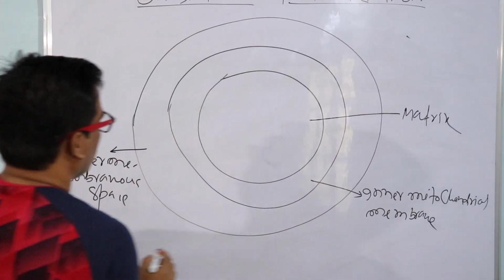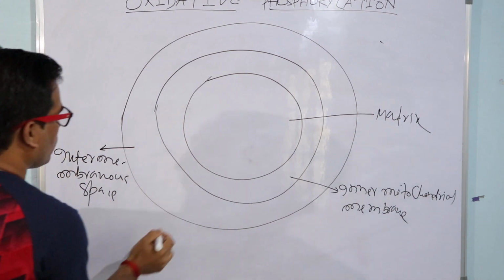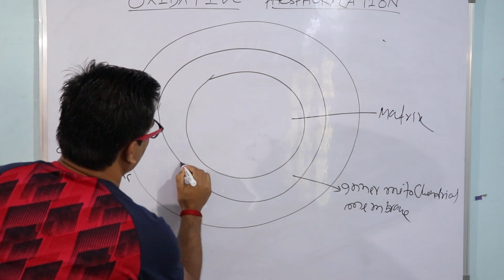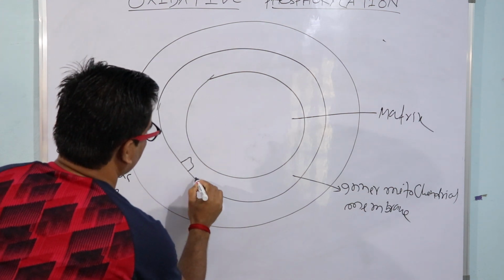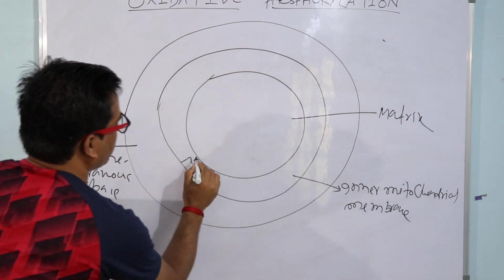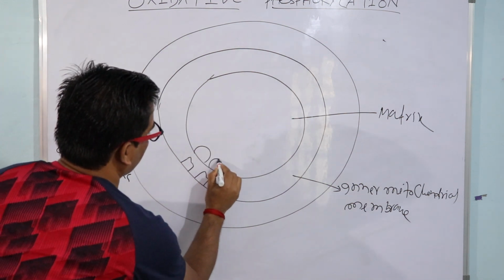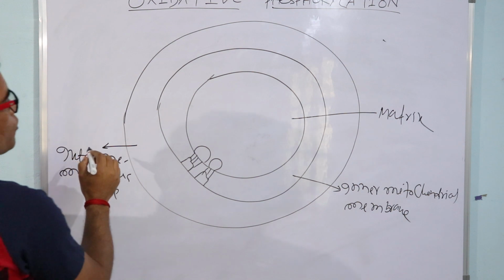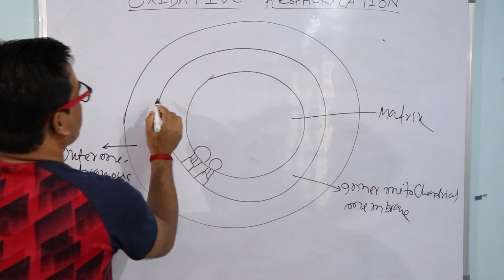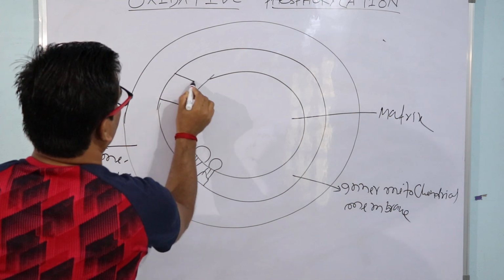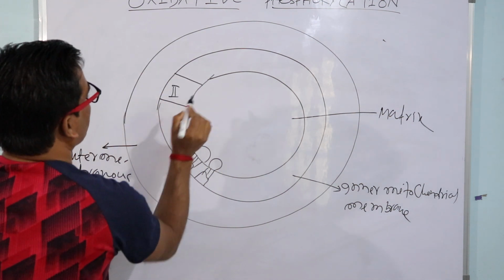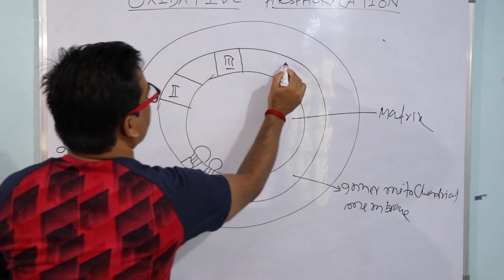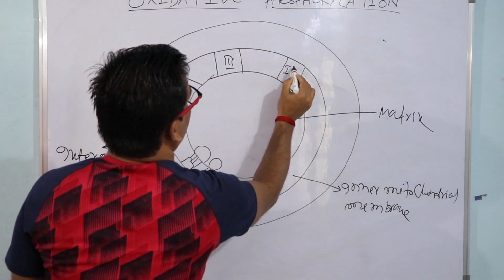Now in the inner mitochondrial membrane, what is there? Hydrogen ATPase molecules are there. We are drawing here complex 5, and the other electron transporters, that is complex 2. We can draw like this. Then complex 3 and complex 4 we can discuss.